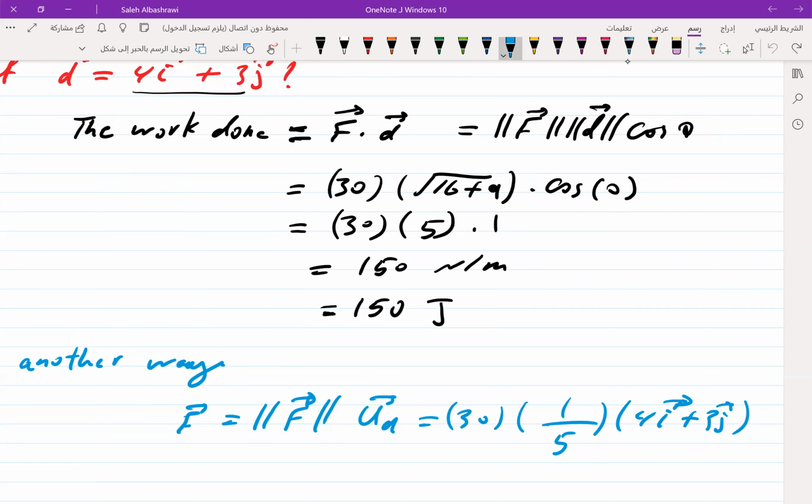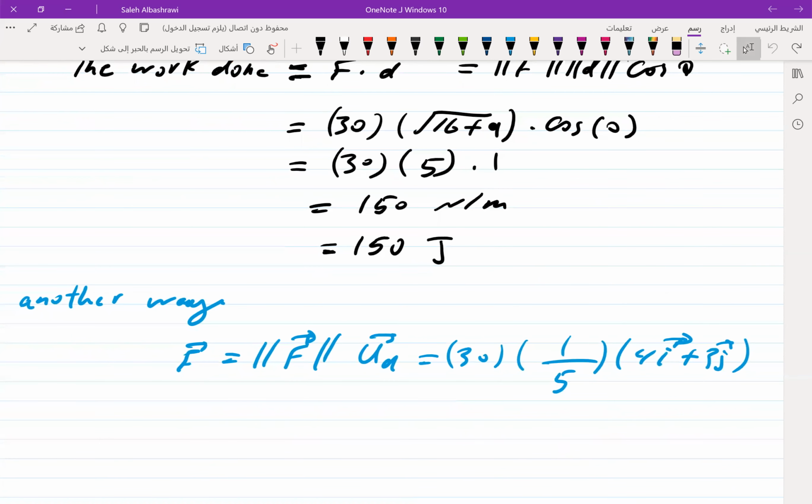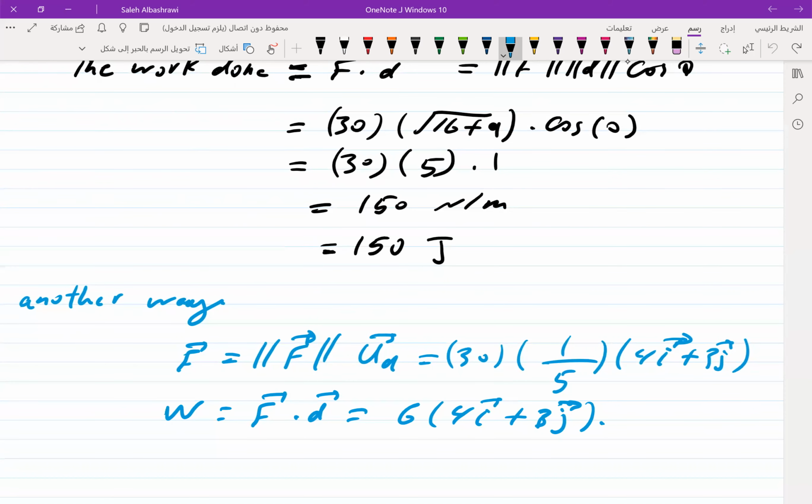Then we can use it to find the work done, which is F dot D. That is 30 divided by 5, equal to 6, multiplied by 4i plus 3j, dot D, which is 4i plus 3j.